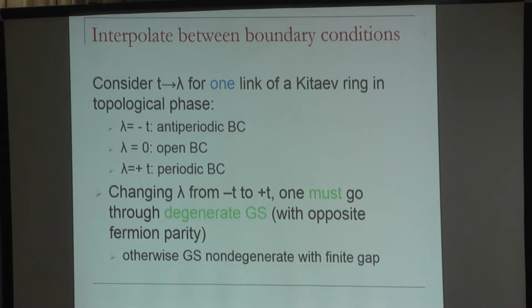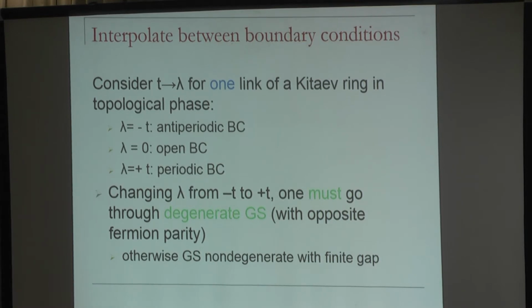The even parity is down, the odd parity is up. And as you go in between, there must be a crossing. And here the crossing is precisely at the open boundary condition, and that's the state where you have a degeneracy between two ground states, namely this even and odd parity ground state, that are distinguished by the occupation of these Majoranas.